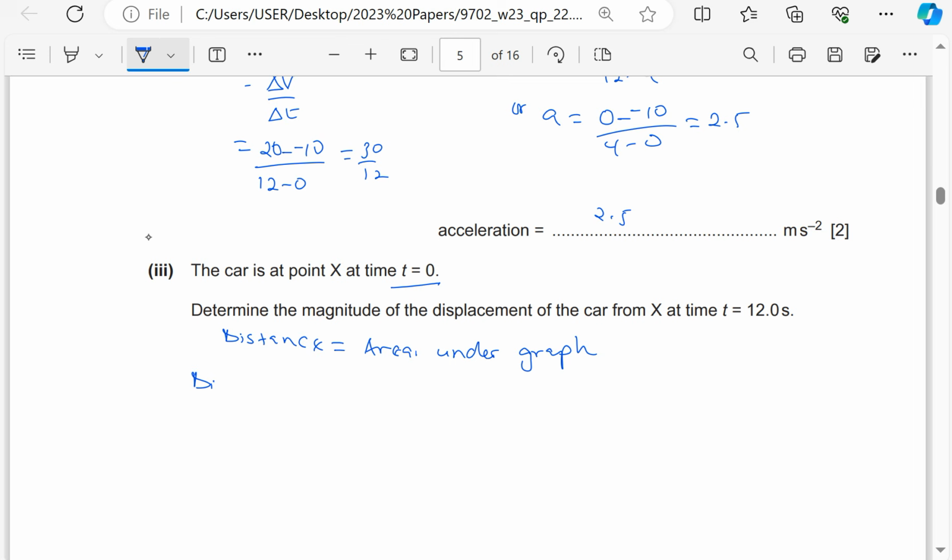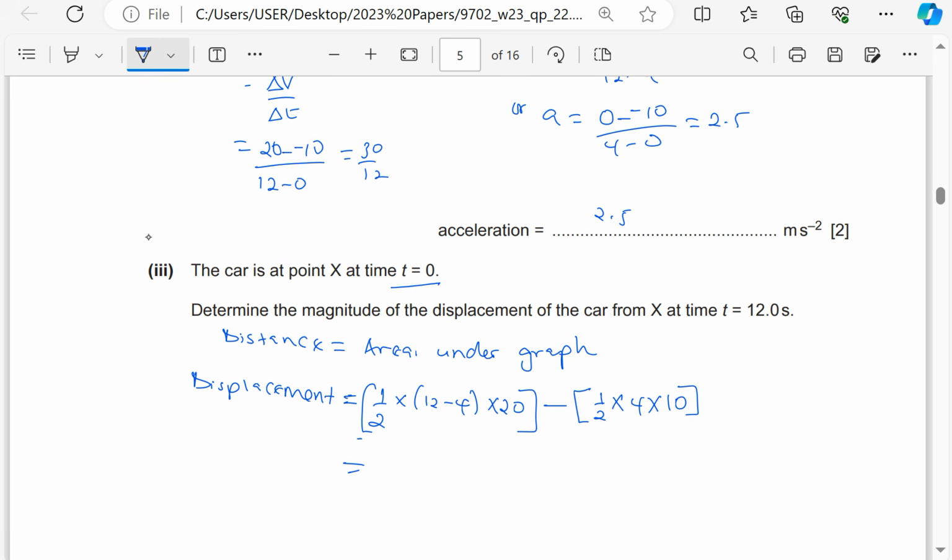So the displacement is going to be, for the upper graph, a half. The base was 12 minus 4, and of course the height was 20. That is the area of a triangle. Then for the bottom graph, it is a half. The base was 4 minus 0, which is 4, and the height was 10.